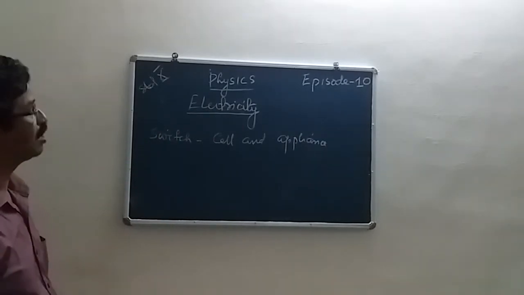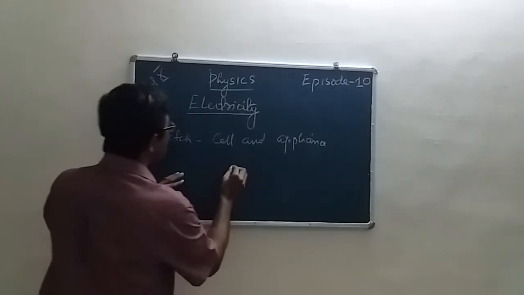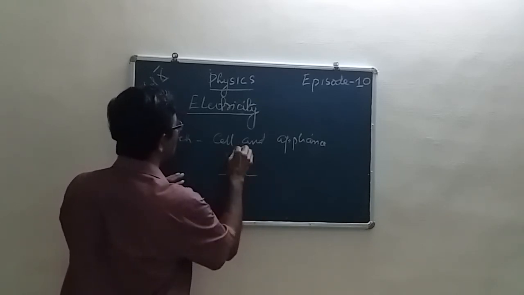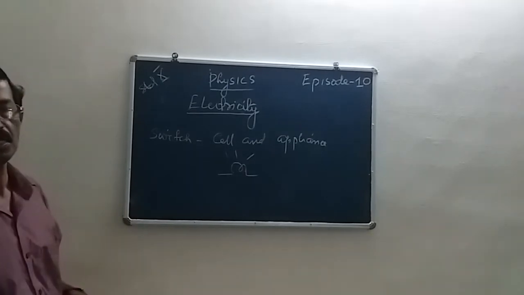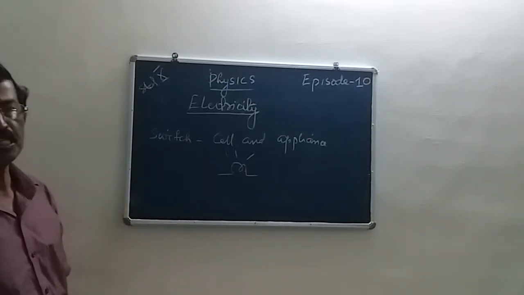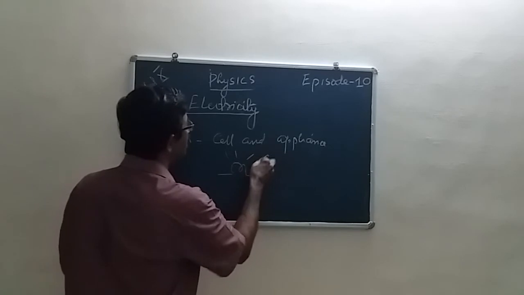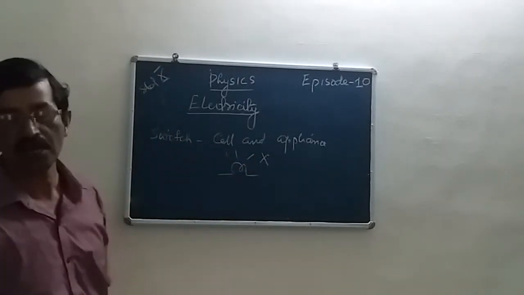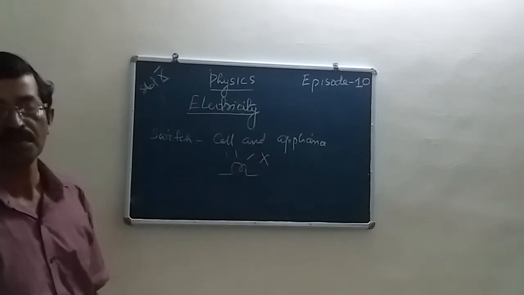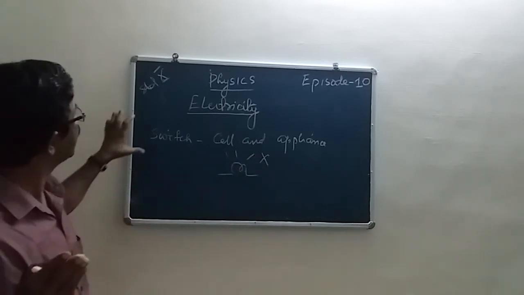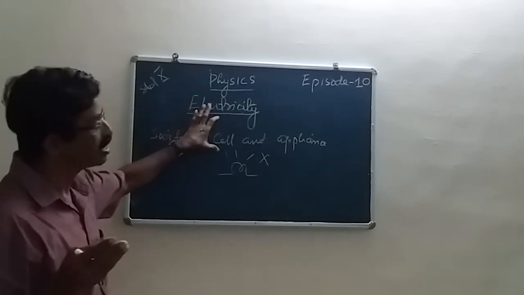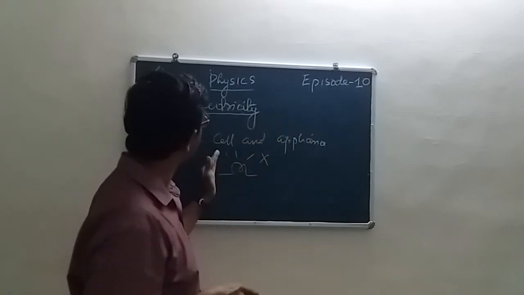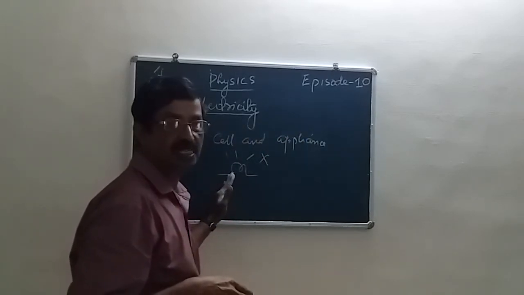For example, when we switch on, the bulb glows, and when we switch off, the bulb is off. So here the switch is functioning as a link between this cell and this bulb.